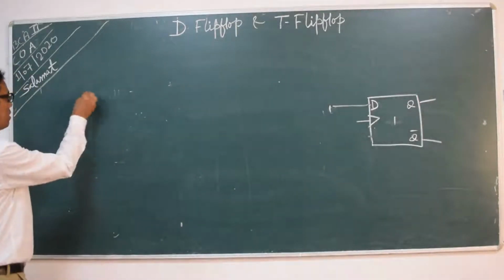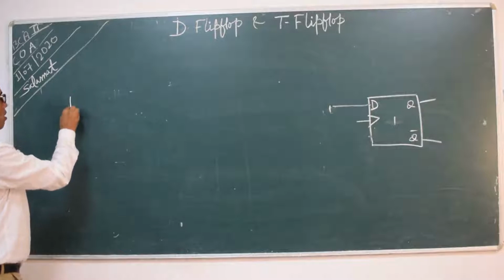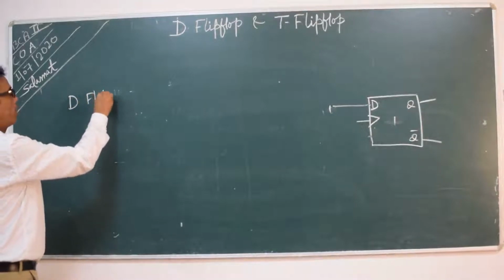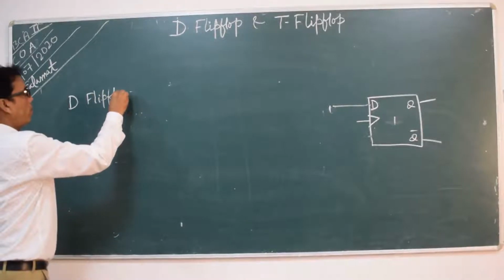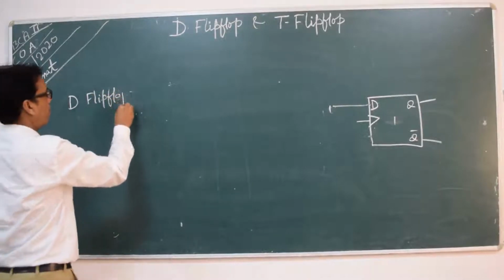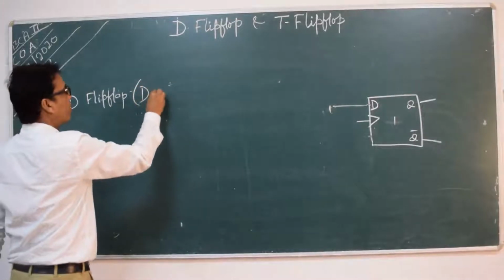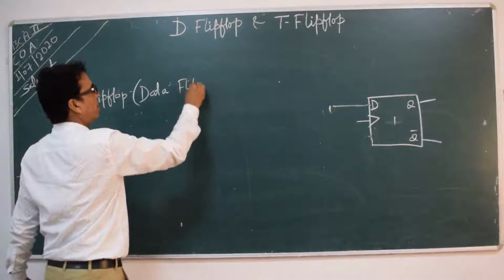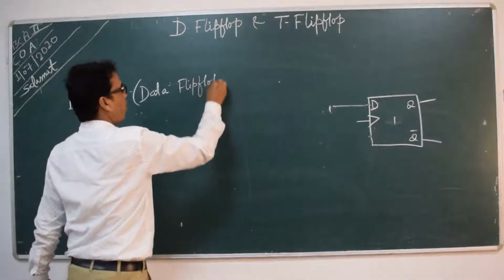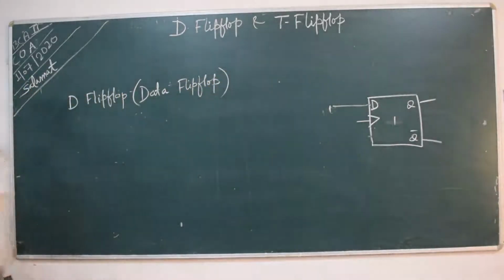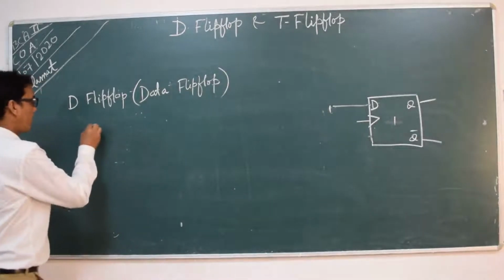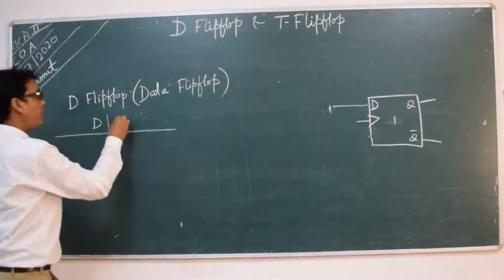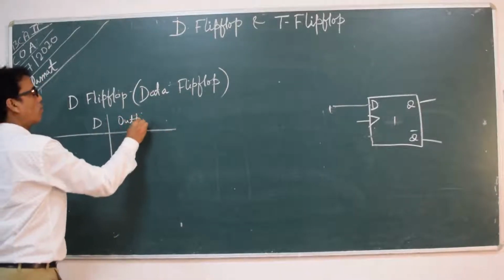See, this is the truth table of D flip-flop. The full name of D flip-flop is data flip-flop. Right? It will have only one input line, D, and output.